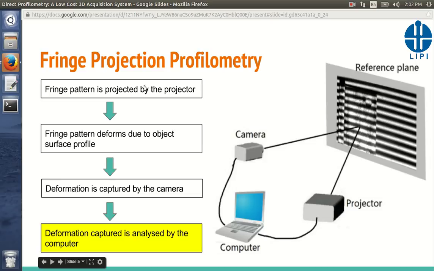First we generate a fringe pattern from the computer, and then we transfer the fringe pattern to the projector to be illuminated. Due to the object surface profile, the fringe pattern will be deformed, and the camera will capture the deformation, which is analyzed by the computer.